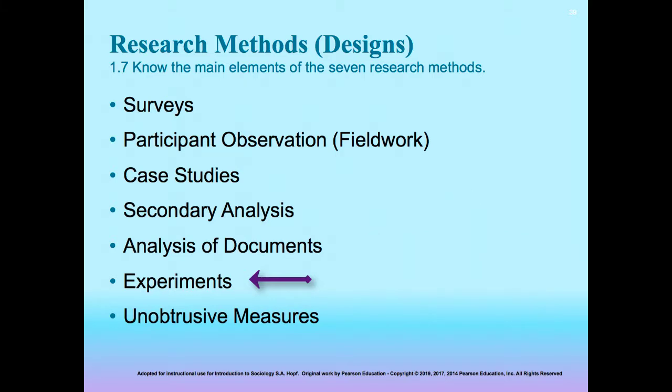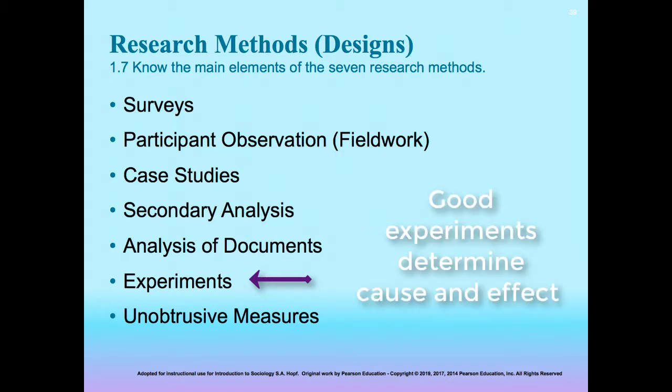A good experiment will be designed in such a way that objective cause and effect relationships can be established, so that the original hypothesis can be verified or rejected and modified.